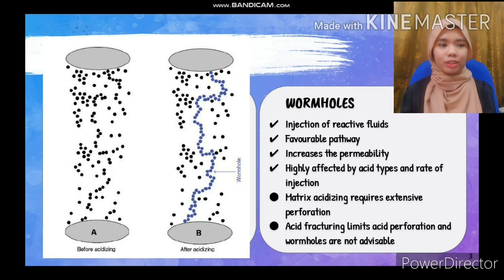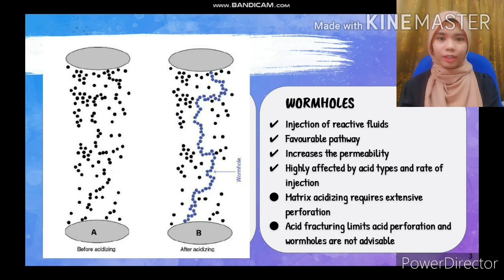Developing wormholes is highly affected by acid types and rate of injection. So I'm showing you guys a visual. On the left side, which is A, is a wellbore before the acidizing treatment. As for the B side, on the right side, it shows after acidizing treatment.